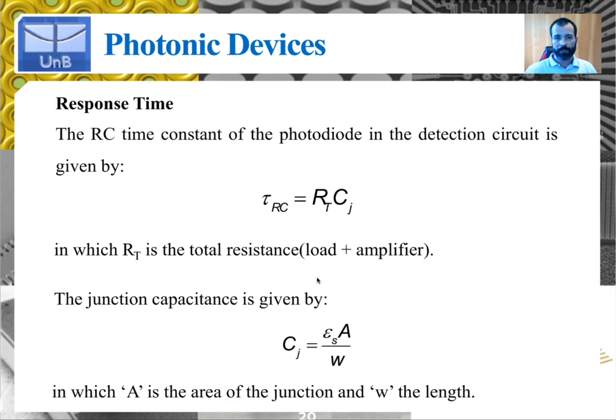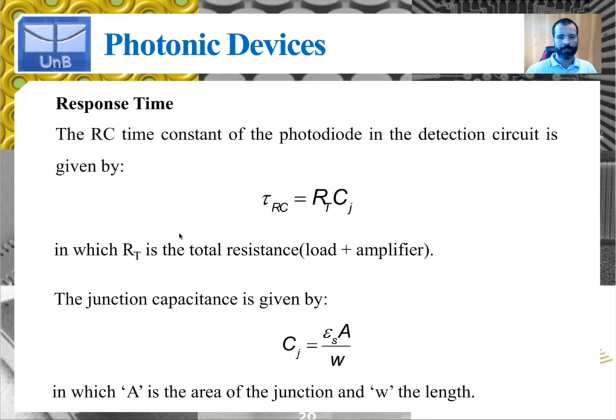Okay. Now the other parameter that we've mentioned is the RC time constant of the photodiode in the detection circuit, given by tau RC equal to the total resistance seen by the diode multiplied by the junction capacitance.